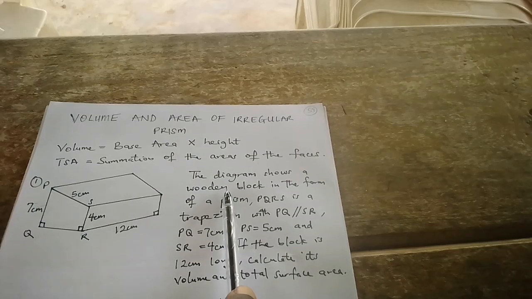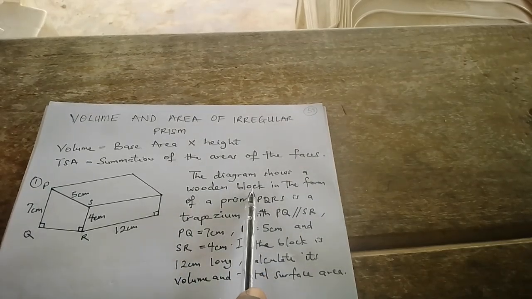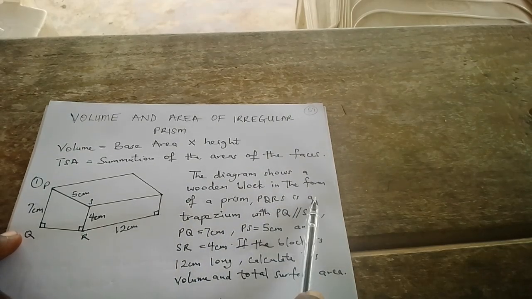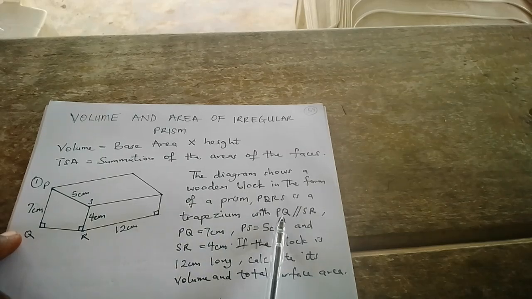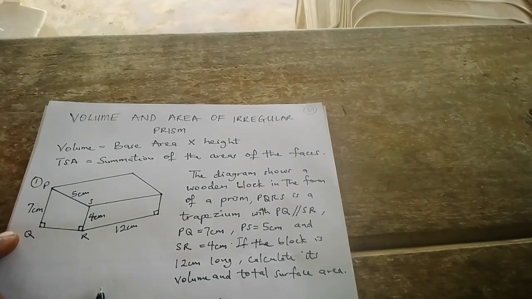Now let's see the question. The diagram shows a wooden block in the form of a prism. PQRS is a trapezium with PQ parallel to SR. This side is parallel to this side.